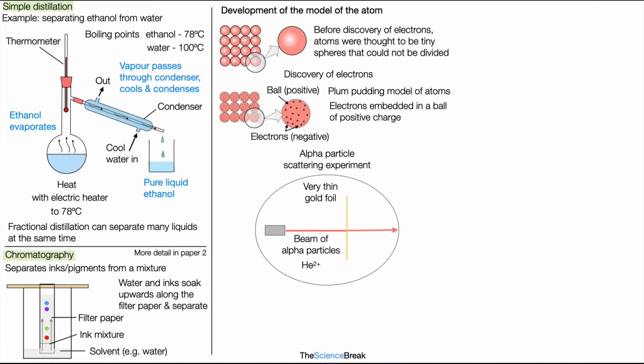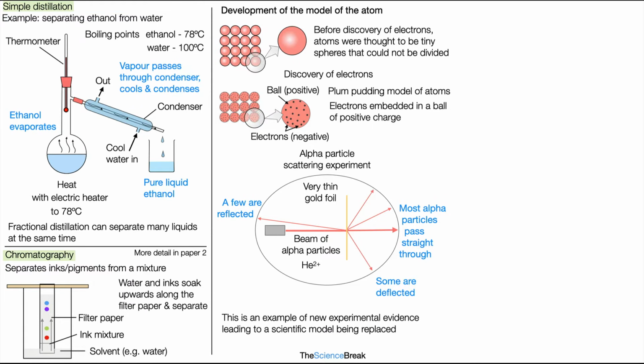And we found from this experiment that most alpha particles pass straight through the very thin gold foil. Some are deflected in different regions, and a small proportion are reflected straight back. This is an example of new experimental evidence leading to a scientific model being replaced. The plum pudding model was replaced.